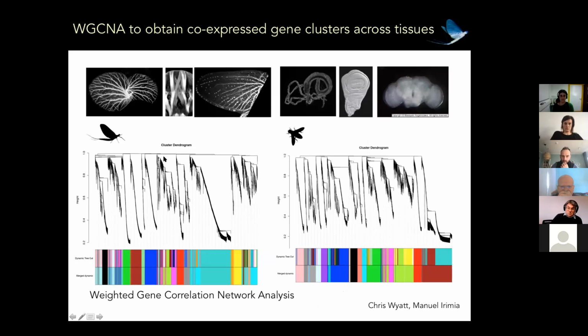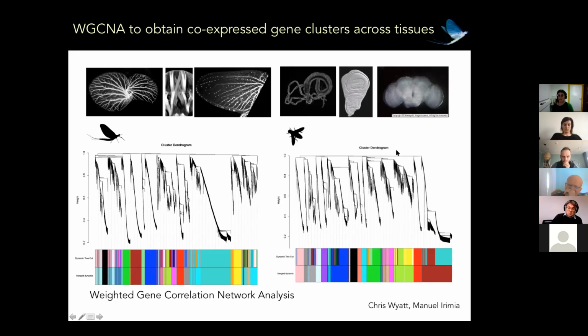We did that for mayflies, and we also did it for Drosophila and Strigamia maritima, but I'm not going to talk about the Strigamia data. So we have several clusters, or modules in this case, of genes that are expressed in particular tissues for mayflies and Drosophila.